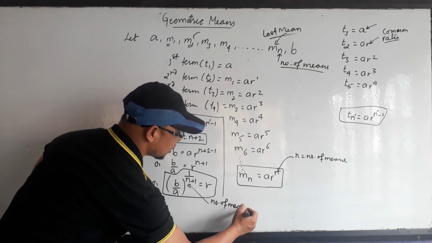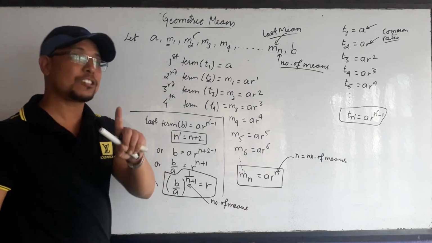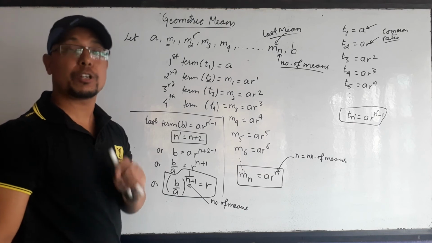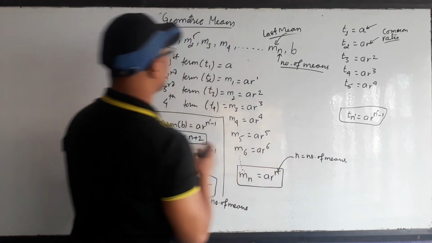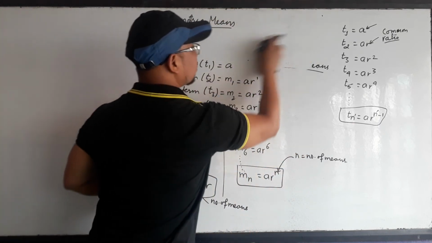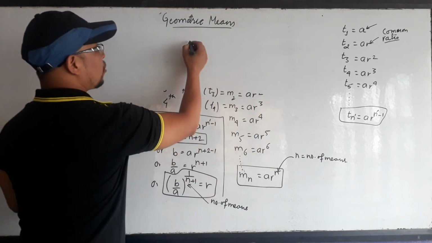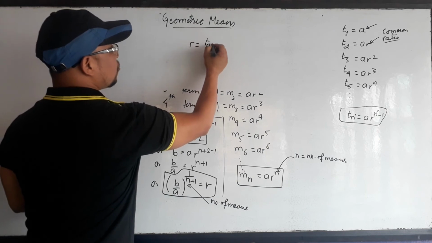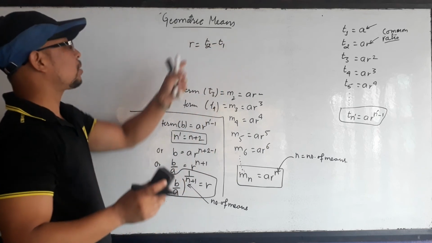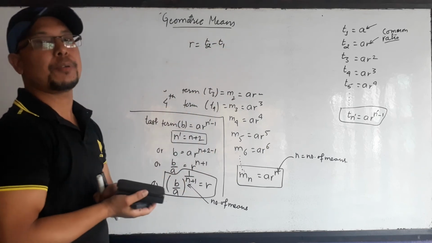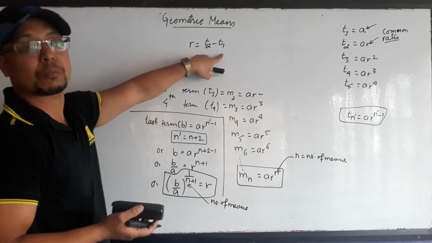Remember students. Now you have read two formulas for the common ratio. In your previous lecture I taught you r equals t2 by t1. This formula is for every geometric progression. You can use this formula.